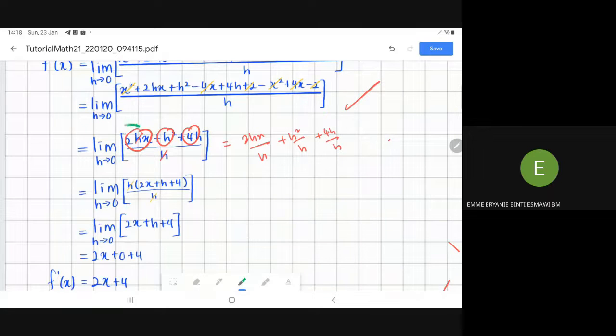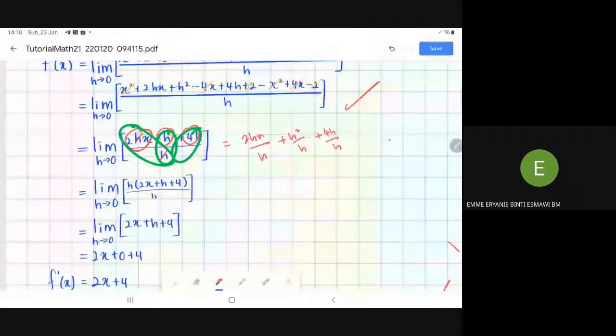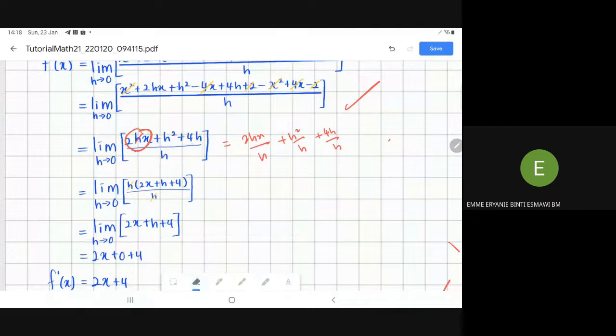We are going to have 1, 2, 3 different fractions. Which all of the fractions has denominator H. So let's say if tadi here, I just cancel H with the H at denominator. So what I'm going to have is like this. And then no more H dah.